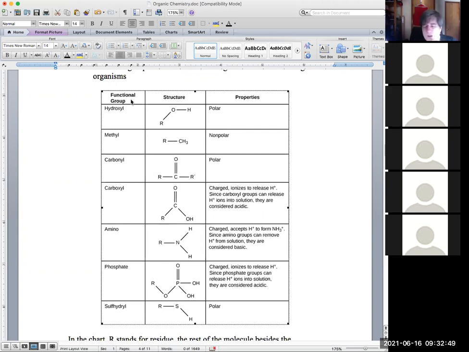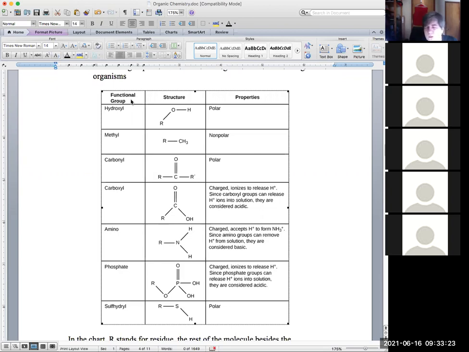So since molecules are three-dimensional things, and since the main molecule we find in your body is water, what we see is that most molecules in the body are kind of like big blobs. And on the inside of this blob, this is where the nonpolar bonds are found. On the outside of the blob, the part that's going to come into contact with the water, this is where the polar and ionic bonds are found.